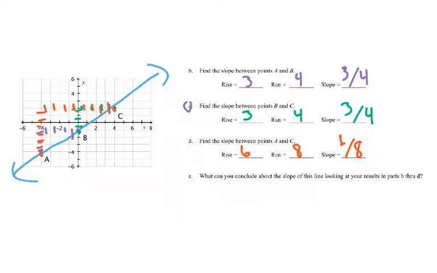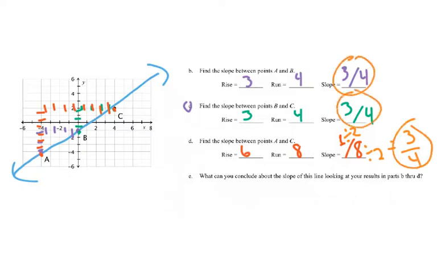But what can 6/8 be reduced to if we were to divide it by 2? I'll bet you know that you're going to get 3/4. See? The slope is the same throughout the entirety of the line.